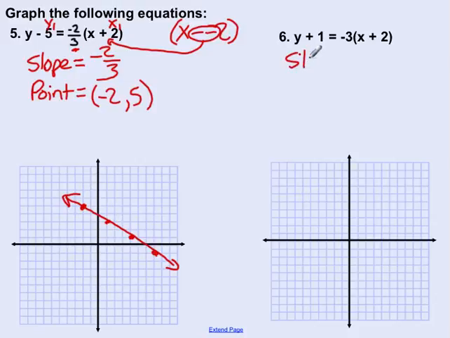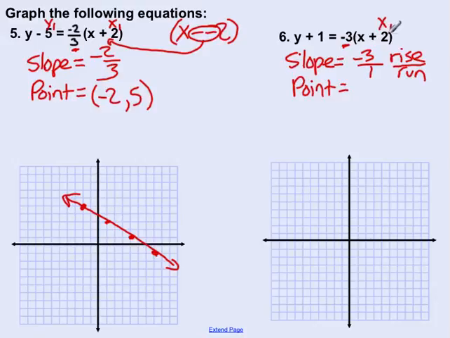Last one, slope, point. Slope is a negative 3 or negative 3 over 1. Rise over run. Point, x sub 1, y sub 1. Take a second, think about it. What would those numbers have to be? Is it going to be 2 and 1? Or is it going to be negative 2, negative 1? It's going to have to be that negative 2 and that negative 1.